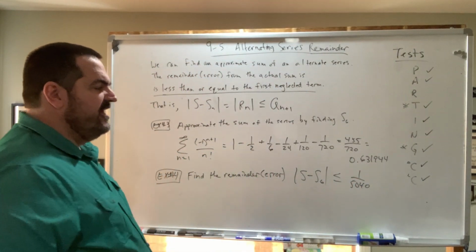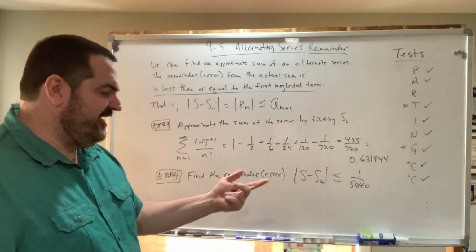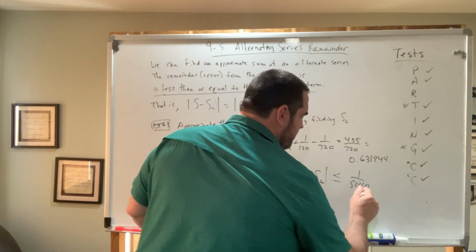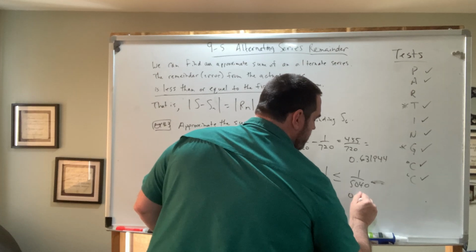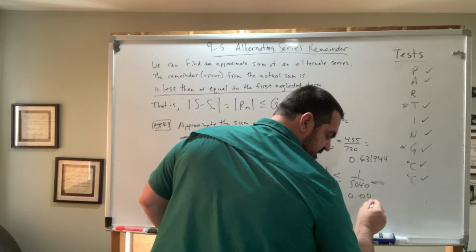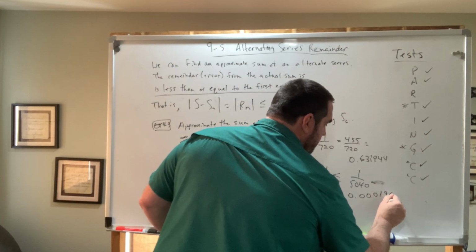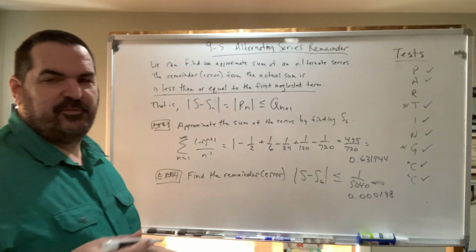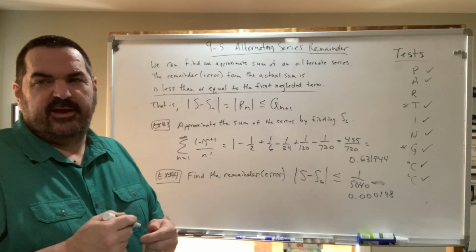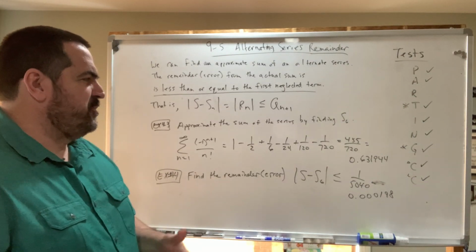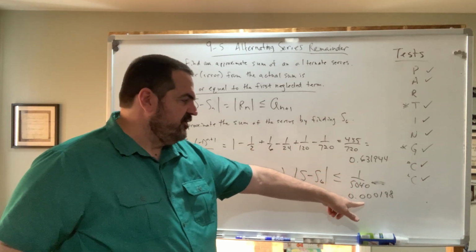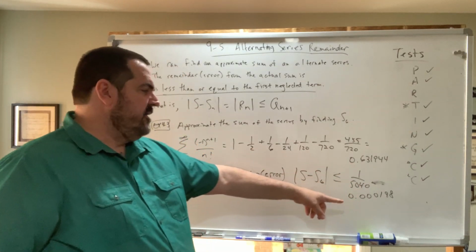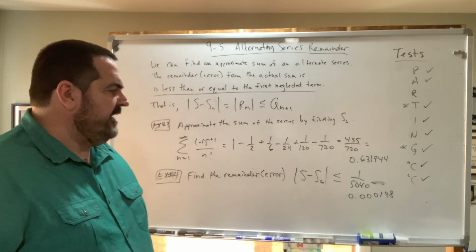That's how accurate we are. In decimal, it was 0.000198. As far as 3 decimal accuracy, we're 0 away. So we're pretty close. That's a pretty good answer right there. Look how close we are. That's the farthest we are, 0.000198.